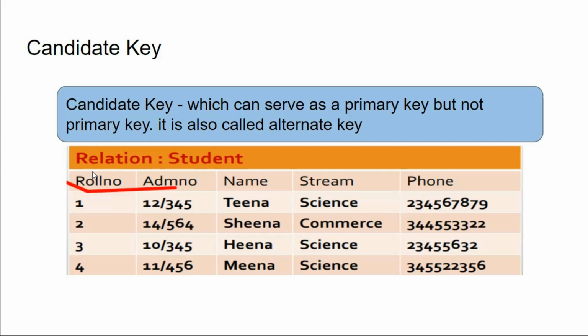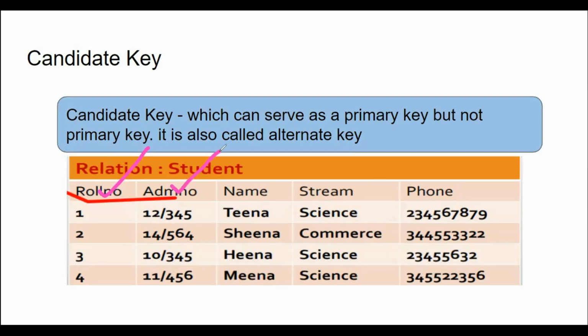If you see here, the roll number has the provision to act as a primary key. The admission number also has the provision to act as a primary key. Name doesn't have a provision to act as a primary key. Stream also doesn't have the provision. Phone number also doesn't have the provision.